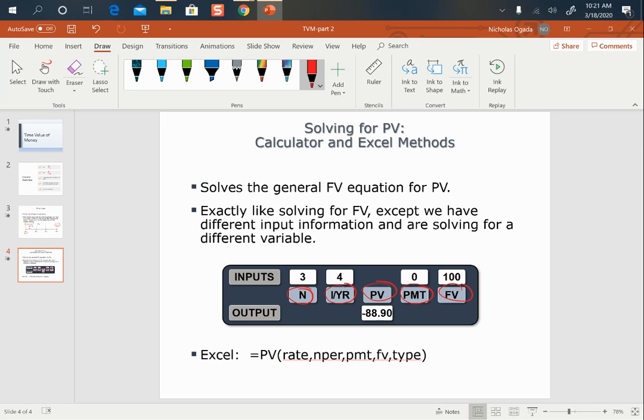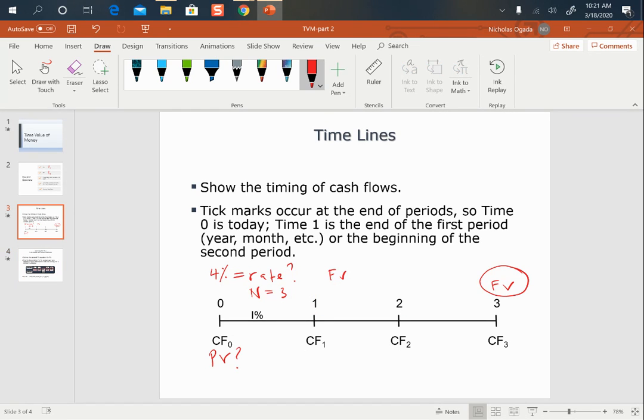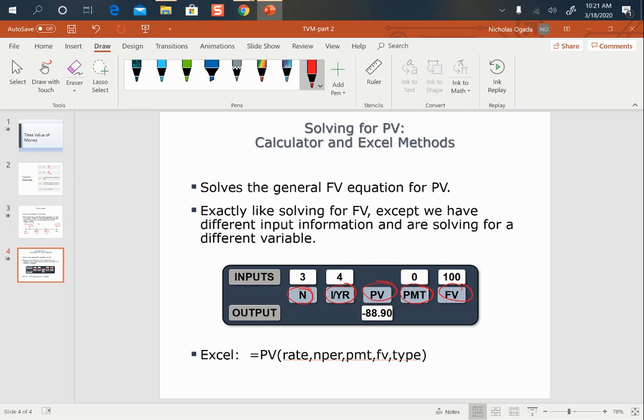So your inputs in this example are 3 years, if compounding is done on a yearly basis. That will be your n, and your I will be 4%, and the payment, again, we're assuming there's no payment in between, so your payment here is 0. So you only have a future payment, which in this example is 100.